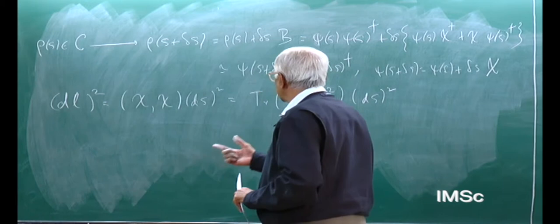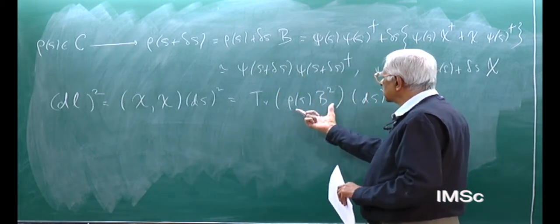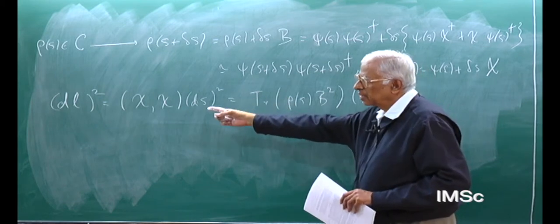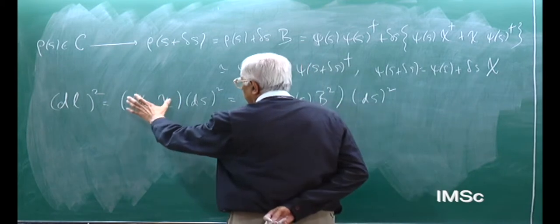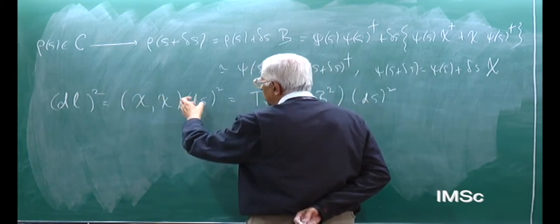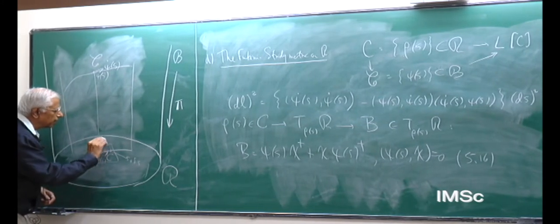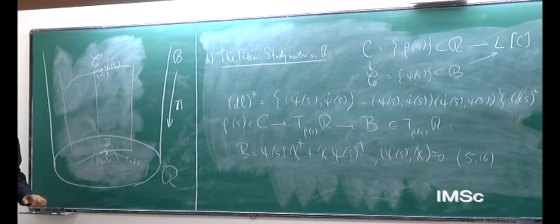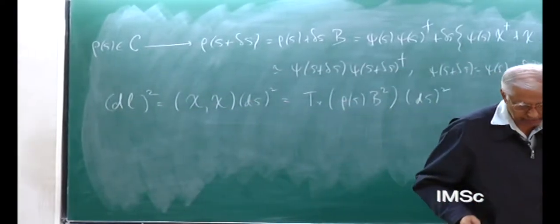You can easily convince yourself when you do this, you will get exactly the left-hand side. I want to be able to write this factor of ds, multiplying ds squared, in terms of the tangent vector at this point. So the tangent vector pointing along the curve is my element b in the tangent space. Okay, so this is a little bit of very elementary algebra.